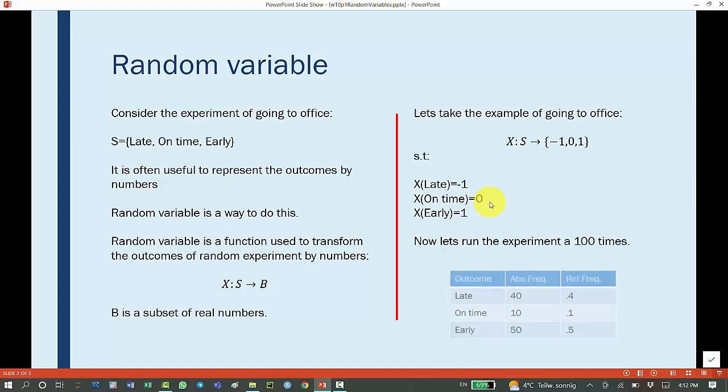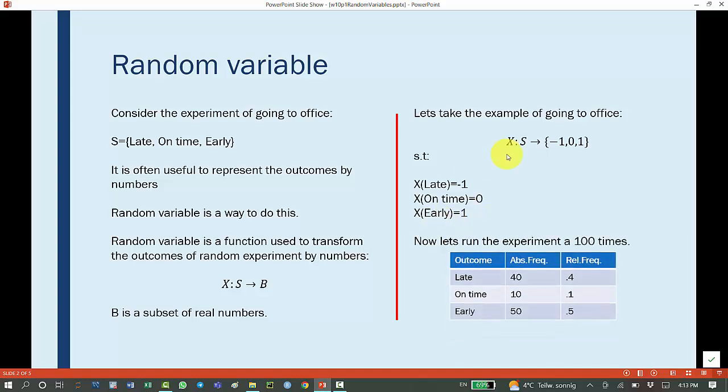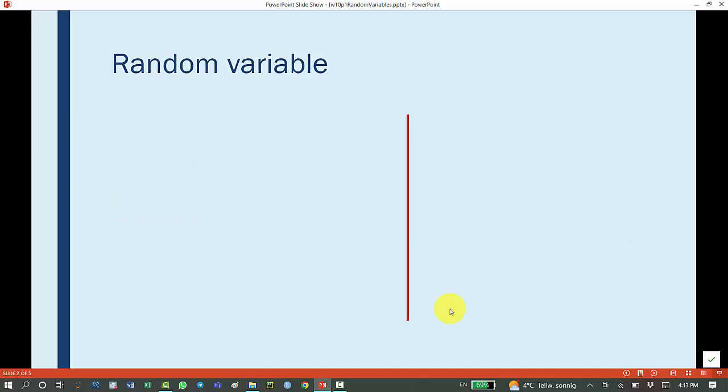Then if we run the experiment 100 times, suppose we get the following distribution: late 40%, on time 10%, and early 50%. Combining this with X, we get that the probability of X getting the value of -1 is nearly 40%, of the value of 0 nearly 10%, and of the value of 1 is 50%.